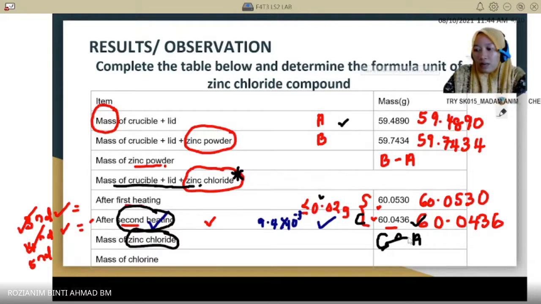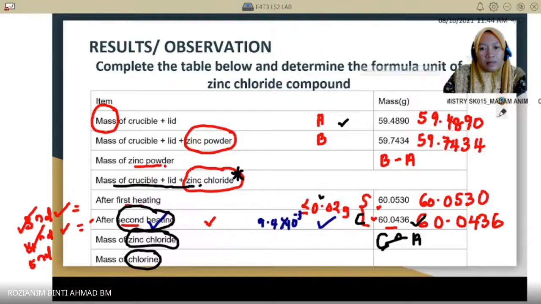Okay, so saya nak tanya lagi. Irfan, macam mana dapat mass chlorine? Macam mana saya nak dapatkan mass chlorine? Kamu nak buat eksperimen, nak buat writing report ni sekarang.